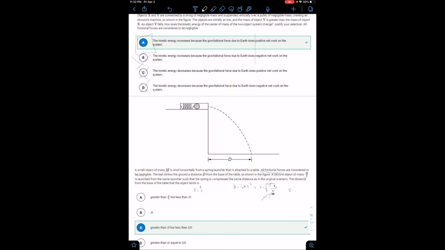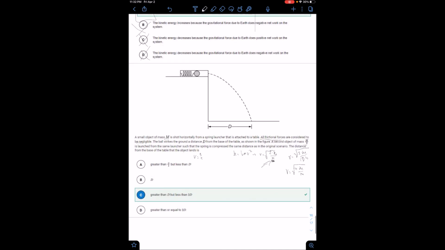But if we have a mass m over 2, that really means that we have, sorry, this whole thing should be under the radical, 1/2, same thing, 4 times the kinetic energy over m. If we were to just square root the 4, we just get 2, or actually no, that's the wrong way of thinking about it.